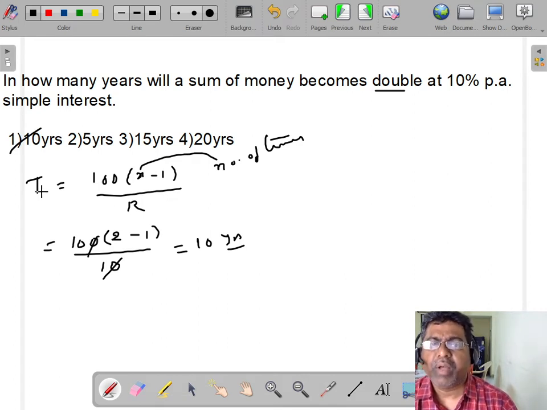So simply you can apply the formula T = 100 × (x − 1) / r, where x means number of times. This is a very important formula.